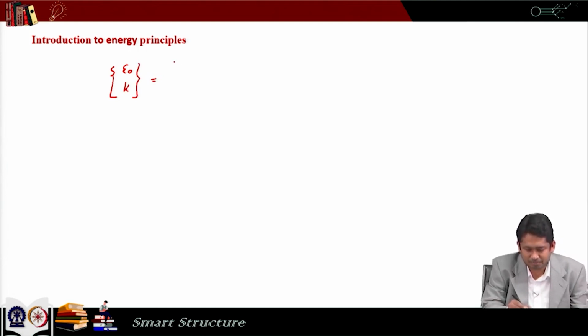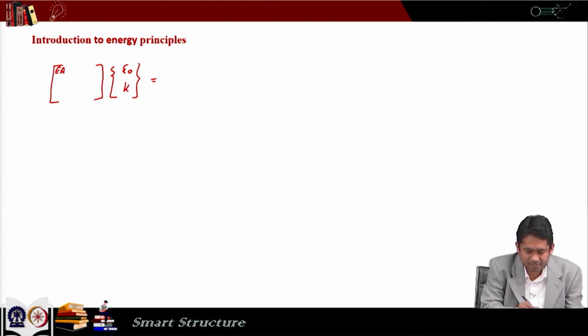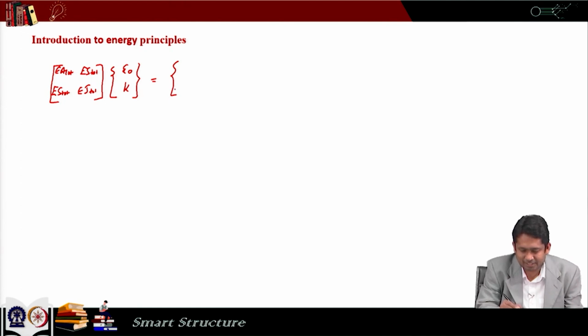So, there we had a matrix and this has EA total, ES total, ES total and EI total, and at the right hand side we have N plus NP and M plus MP.